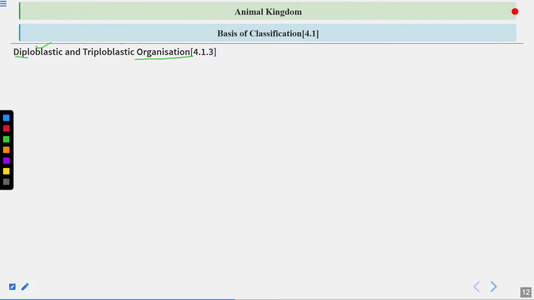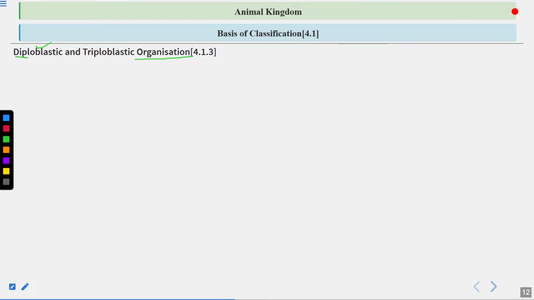Now what happens to these cells? They arrange themselves into layers: the outermost layer, the innermost layer, and the layers in between. On the basis of this arrangement, we have two types of organization, diploblastic and triploblastic.